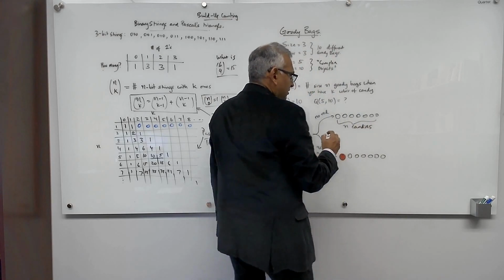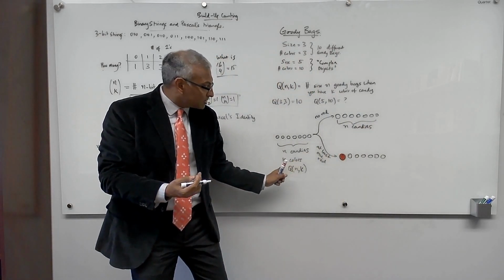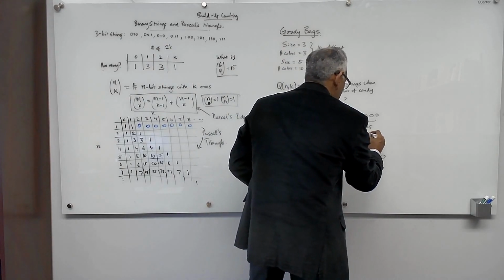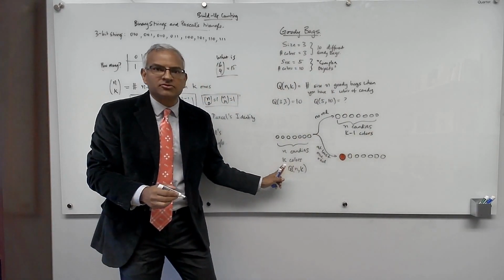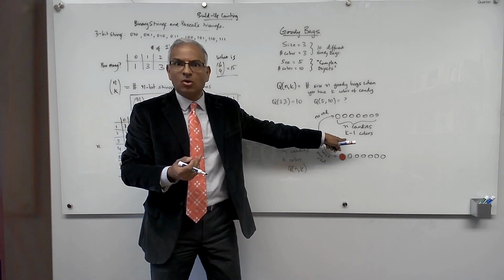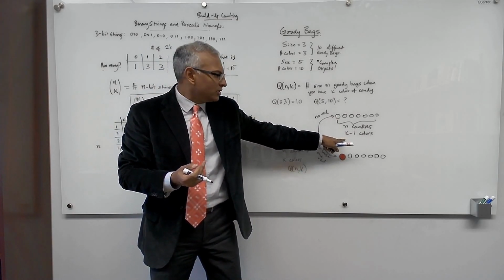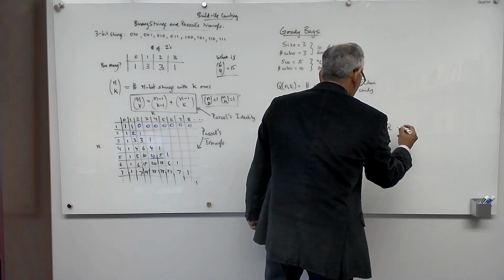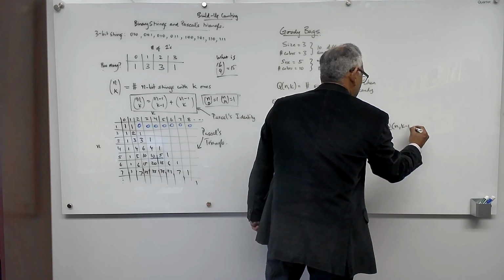And since it has no red, it must use only k-1 colors. Because you started off with k colors of candy, but now these are goodie bags with no red, so they are using only k-1 colors. In which case, the number of such goodie bags is Q of n and k-1.